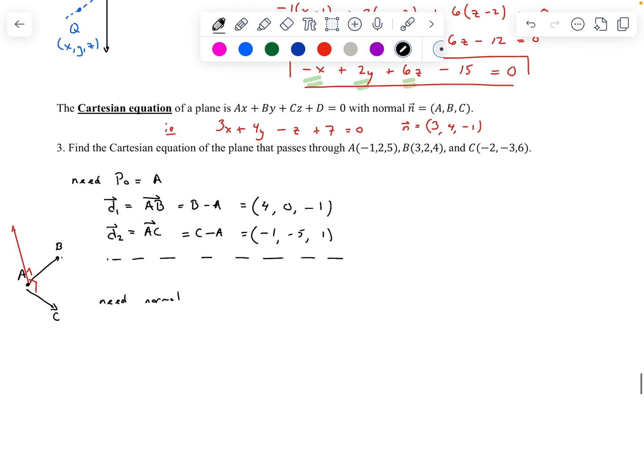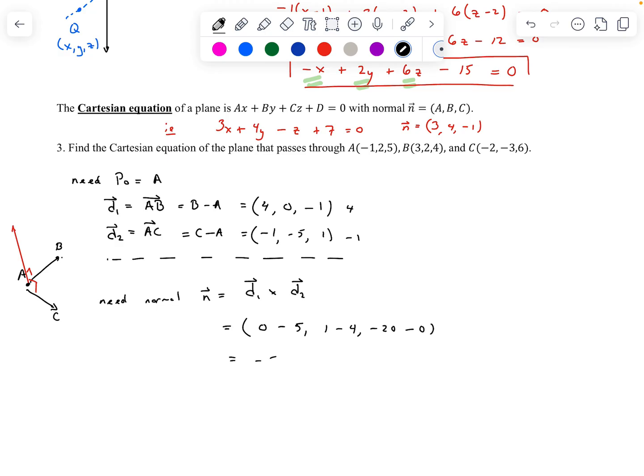And we know from Unit 7 that if I need a vector perpendicular to 2 vectors, I cross them, because the cross product always goes perpendicular to the 2 vectors you made. So I get 0 minus 5, copy the x values. I get 1 minus 4, and I get -20 minus 0.